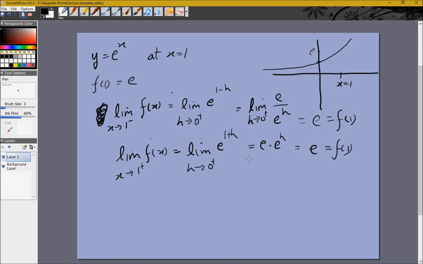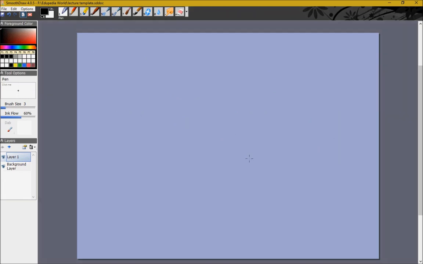Okay. Up till now, we've only talked about continuity at a particular point. But generally, it's more useful to talk about the continuity of a function in a region. So let's say the region we are talking about is [a, b]. The closed brackets denote that a and b are included. This means that x is greater than or equal to a and less than or equal to b.